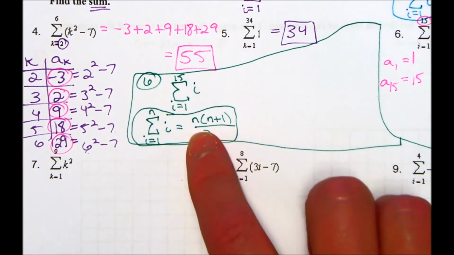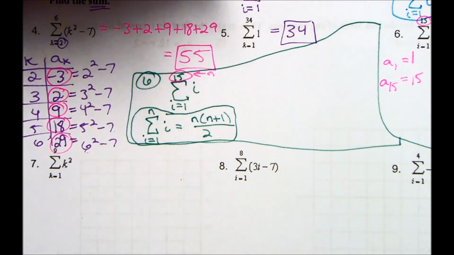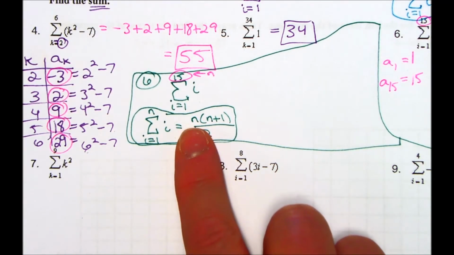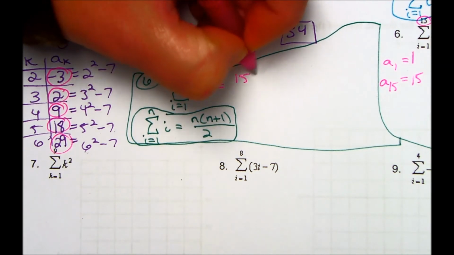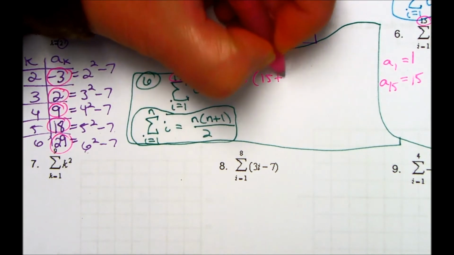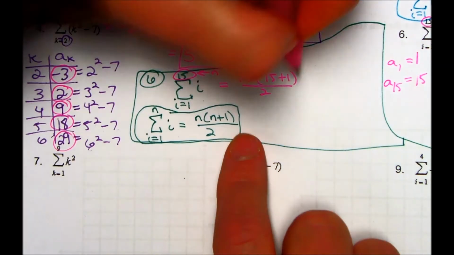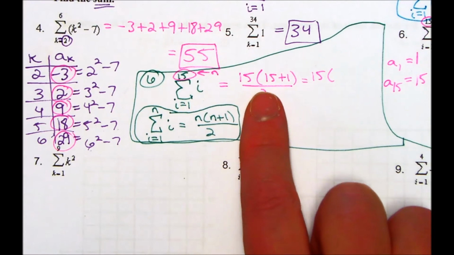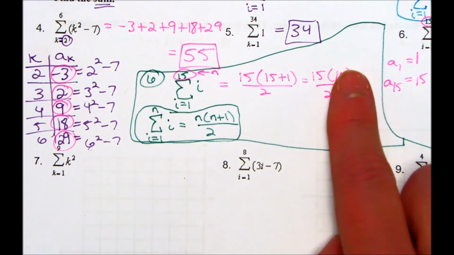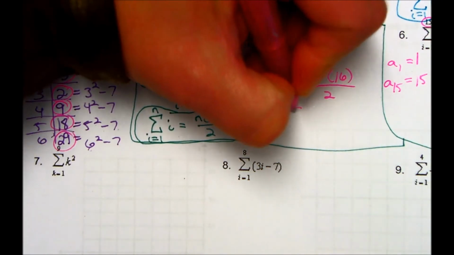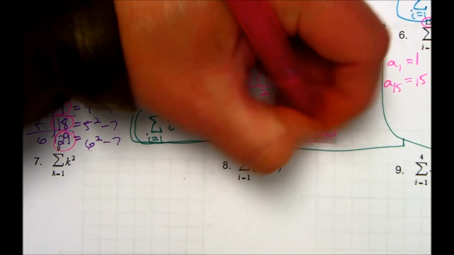So if I substitute 15 for n here and here, I'm going to have 15 times 15 plus 1 divided by 2. So the 15 times 15 plus 1 is 16 divided by 2. I could reduce the 16 by 2 and get 15 times 8, which again is 120.